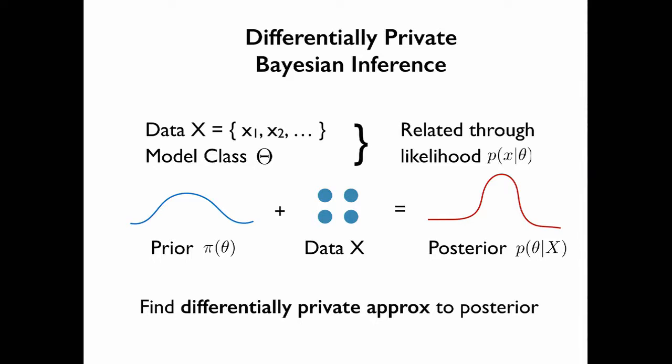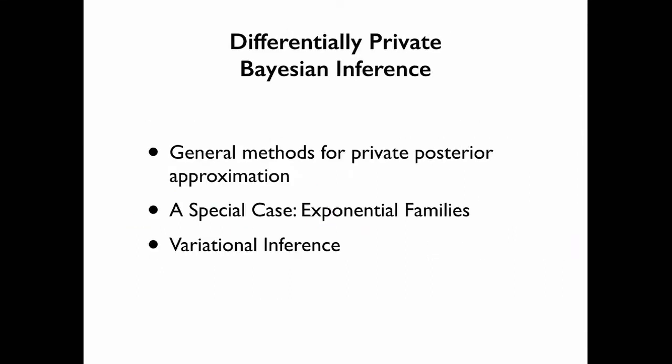So essentially what Bayesian inference does is it tries to maintain the posterior in some way or the other, and what we would be looking at doing is to maintain differentially private approximations to the full posterior.